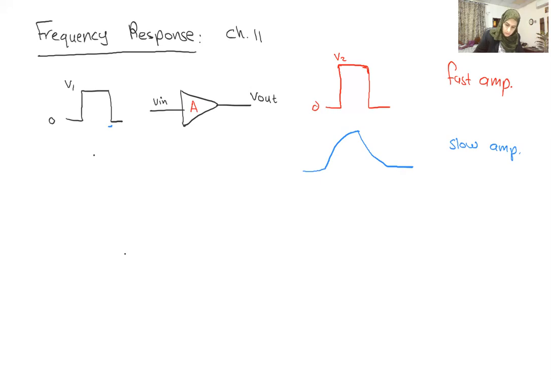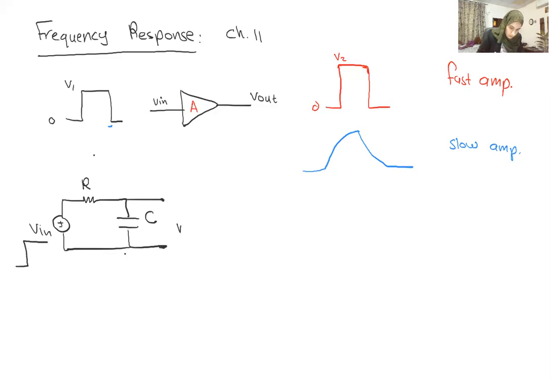This reminds you of the basic circuit composed of a resistor and a capacitor, R and C, and we are applying here a V input that is basically a step. What do you expect to see at the output?